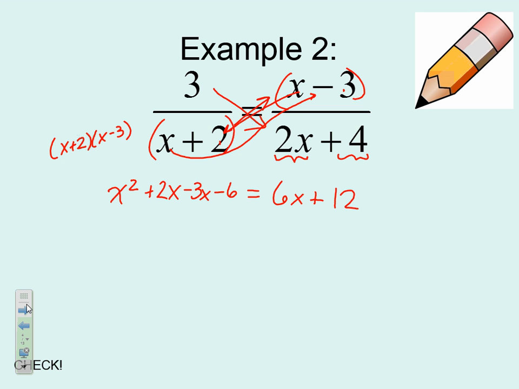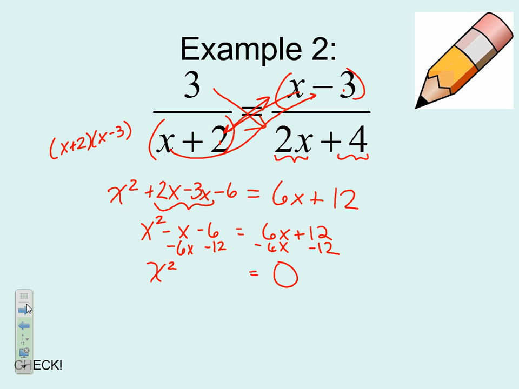So I'm basically going to simplify this side here: x squared minus x minus 6 equals 6x plus 12. And then I know I need to bring these pieces over to the other side to hang out with the rest, leaving me with 0 on the right-hand side here, and I'd have x squared minus 7x minus 18 equals 0. So now I need to factor what I have there.